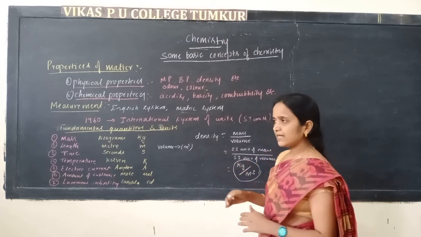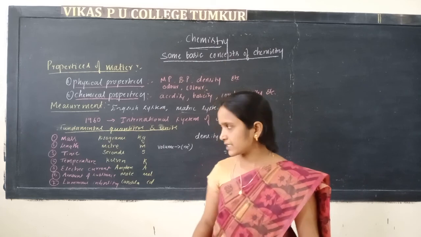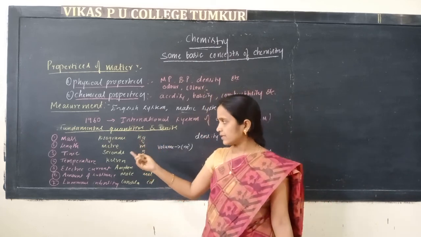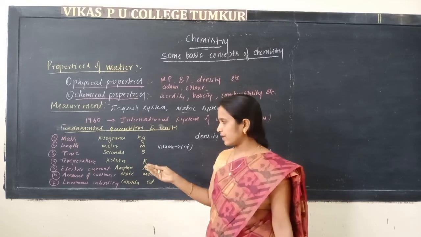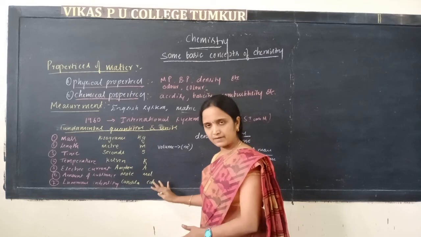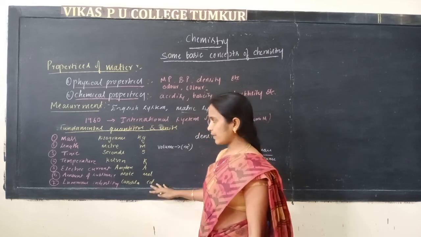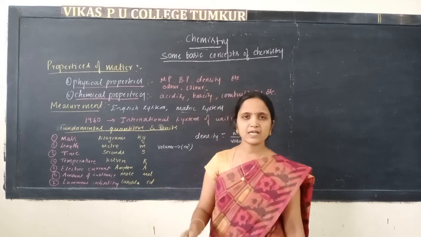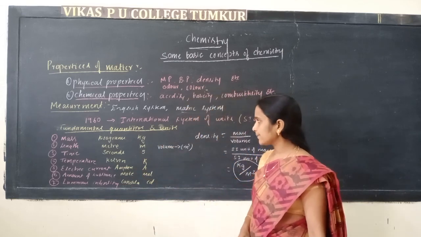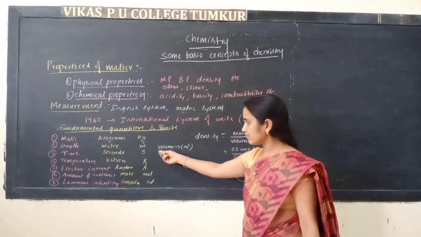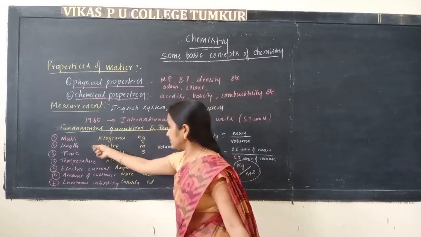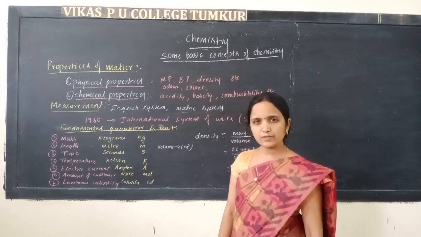Then all the remaining quantities except these 7, that is mass, length, time, temperature, electric current, amount of substance and luminous intensity, are derived from these 7 fundamental quantities only. For example, volume we take as meter cube, which is derived from the unit of length.